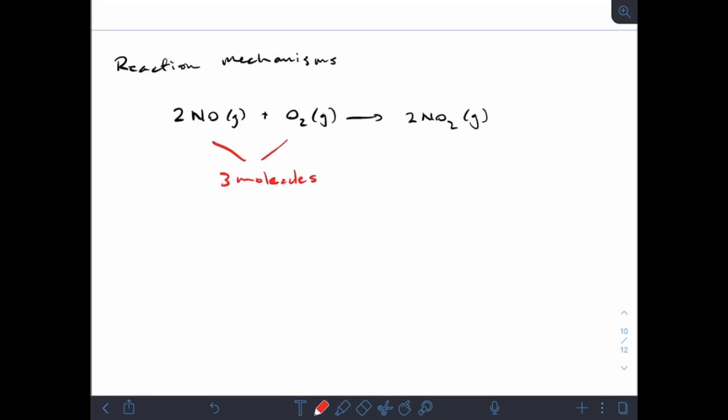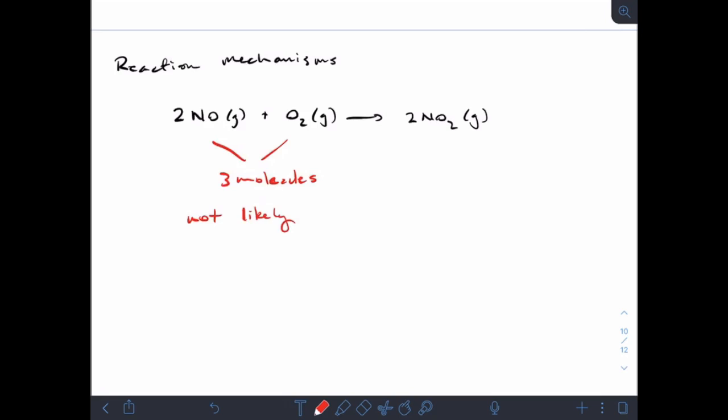This is probably not likely. Thinking about how many different molecules are floating around in the air, for these three molecules to come together at exactly the right time with exactly the right conditions is probably not very likely.